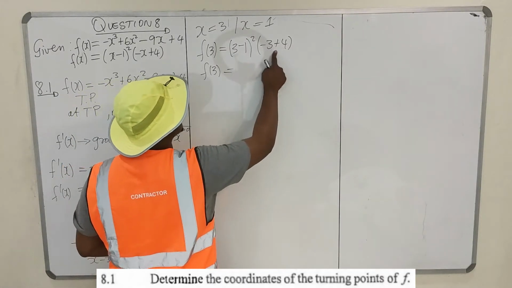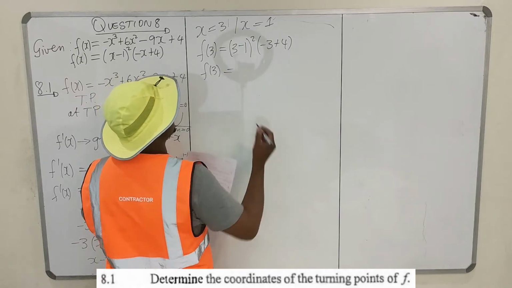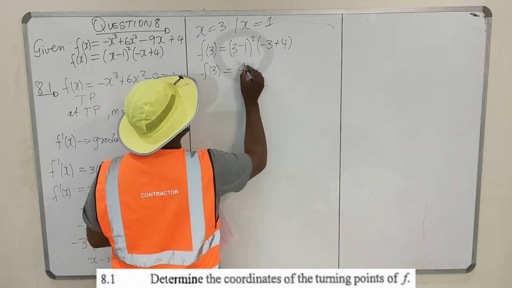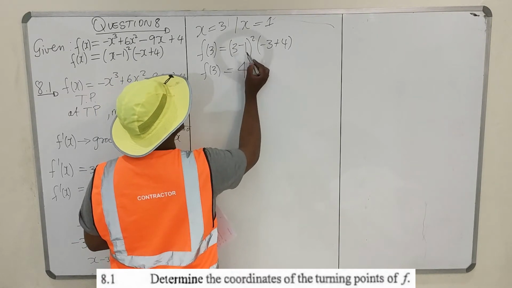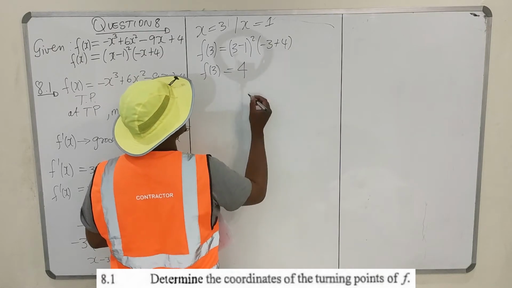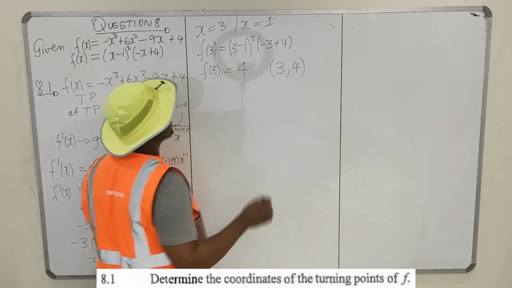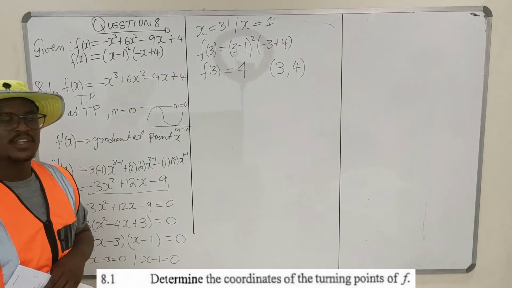This part is 1, and this part is 4, so the product is 4. Because 3 minus 1 is 2, all squared is 4, times 1. So your coordinates are 3 and 4.